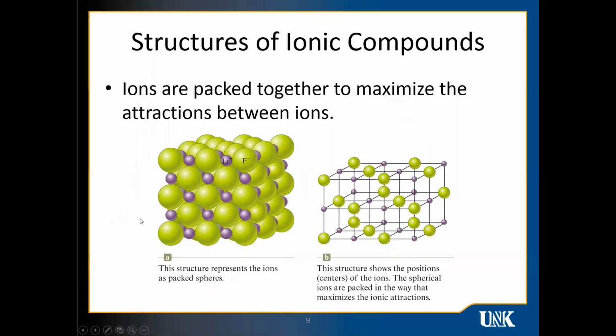Now, the picture here on the left is called a space filling model. It probably most accurately represents the actual crystal structure picture in terms of the ions will pack together as closely as their sizes will let them.